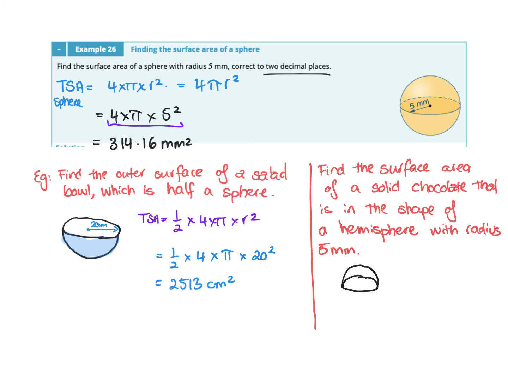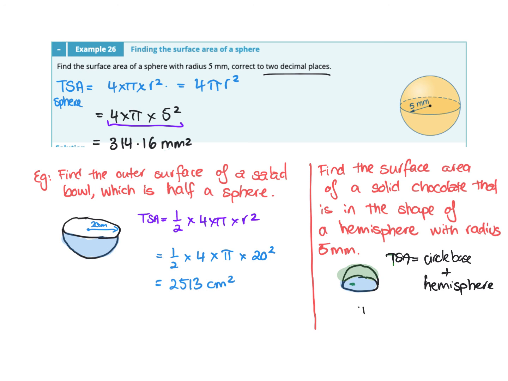What we have to remember is, when it's a solid object, we're going to actually have the base bit. We're going to have this base, which is a circle, and then you're going to have half the sphere, which is that curved bit on the outside. But remember, this is a solid object, so we've got to have that base. So the total surface area is going to equal the circle base plus the hemisphere, which is half a full sphere.